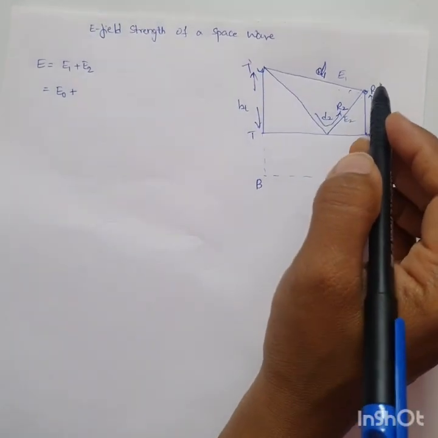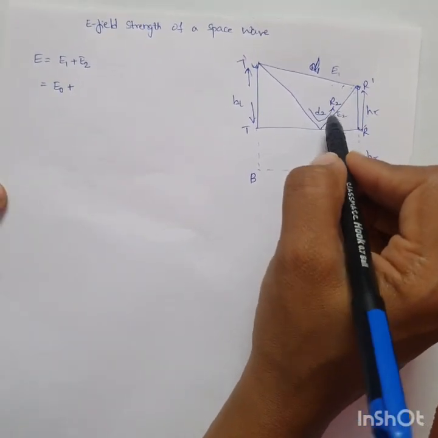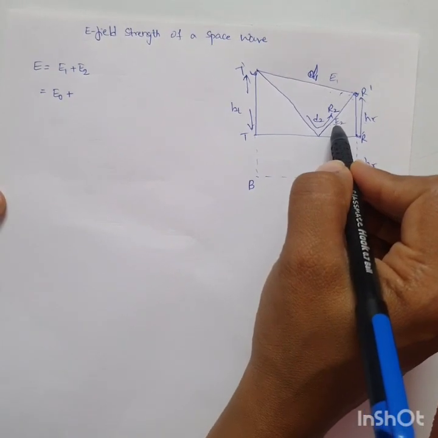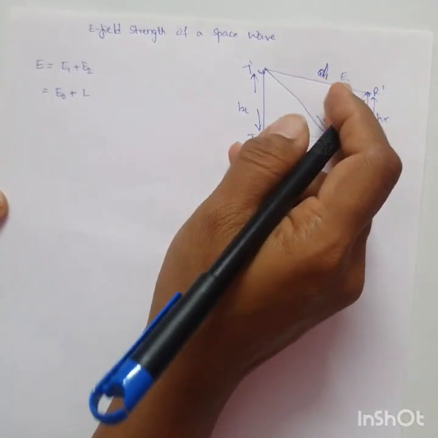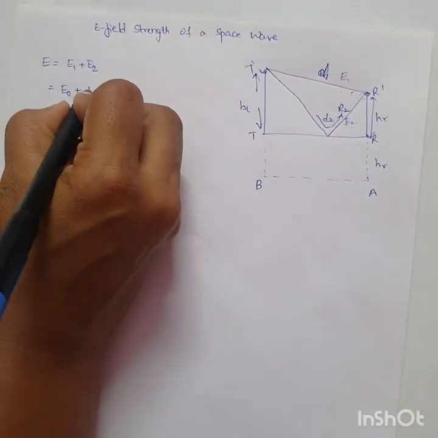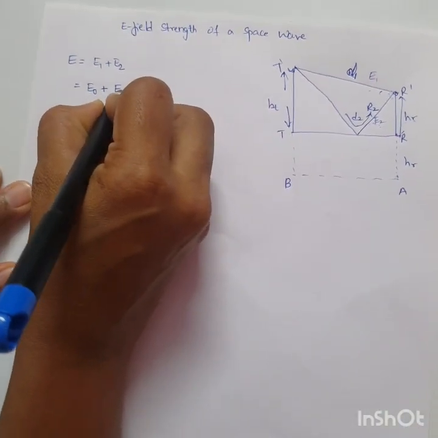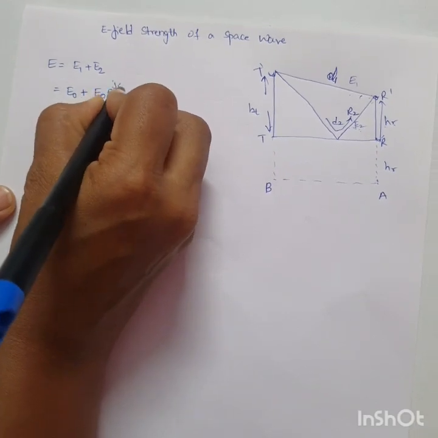In order to write the expression of the electric field strength E2, we can write it in terms of E0, which is E1. I can write it like this: E0 into e power j theta.